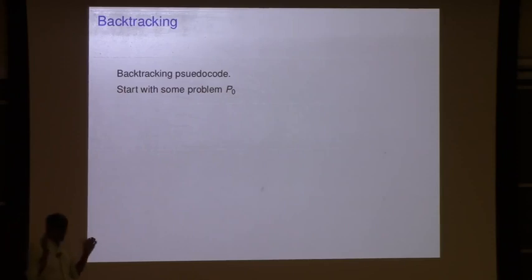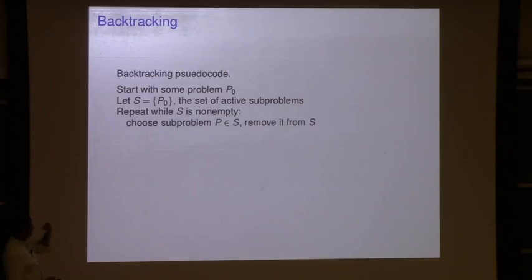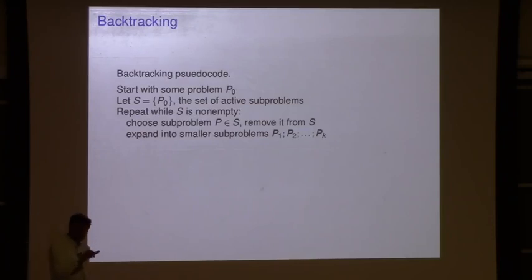Now with the SAT formula, if I set one of the variables to be true, this is a set of active subproblems. Choose a subproblem, remove it from our set of active problems. So initially there's just one formula, and I expand it into smaller subproblems. Now with the SAT formula, how might you do this?